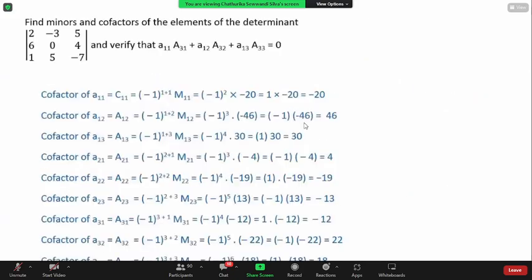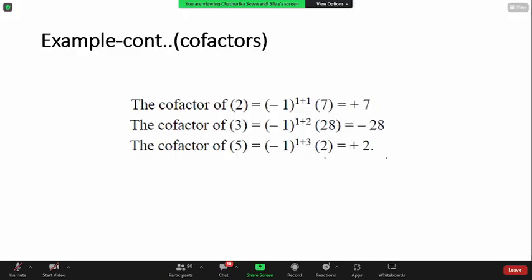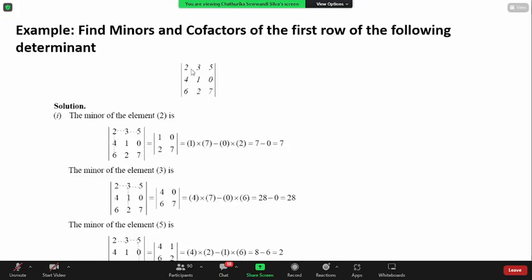So here they have shown you almost all the cofactor calculations. Right. Here they have 2, 3, 5, which is the first row.